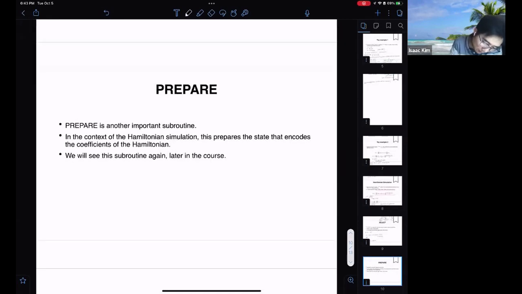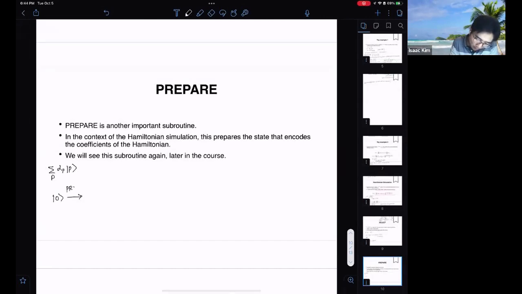So in the previous slides, we began with states like this: alpha P, superposition of P. And prepare does something similar.